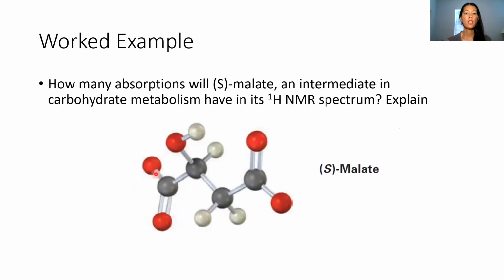Let's just end this video with practice on this proton equivalence. This is S-malate, shown here, and it's involved in carbohydrate metabolism. How many absorptions will you expect in the proton NMR spectrum? Meaning how many peaks, meaning how many different or non-equivalent H's do you see? So these are all carbons. This is a carboxylate here, a double bond O and an O minus.